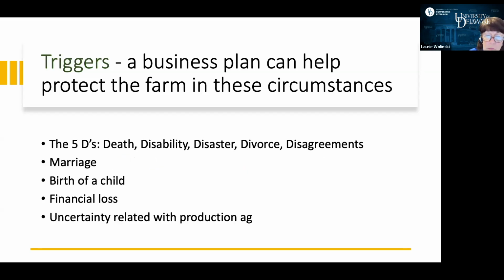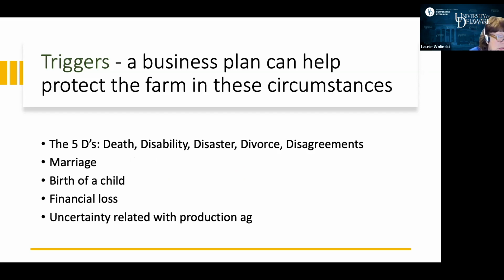So things that came to mind for me were the 5 Ds: death, disability, disaster, divorce, disagreements. Marriage, that could be a trigger event. Birth of a child, financial loss, or uncertainty related with production ag.